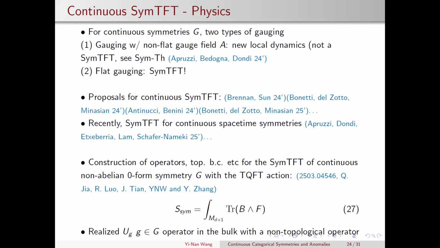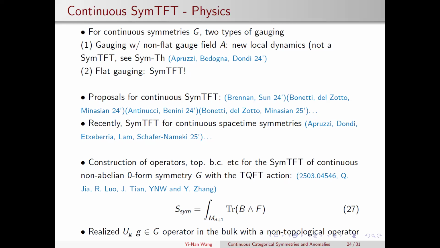Like QCD or QED instead of free scalars. So in this case, the bulk theory is not a TQFT at all, but is the so-called symmetry theory proposed by Fabio Apruzzi and his students before. It is not the same thing as SymTFT. So if you really want to use SymTFT, we have to use a flat gauging, which is also the central condition in the first part of this talk.